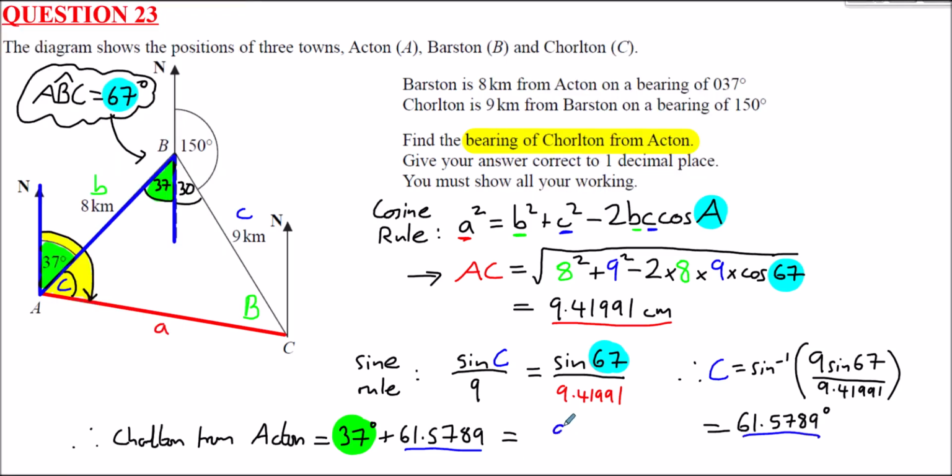So 98.6 wouldn't actually do, because the whole number part, if it's a bearing, needs to be 3 digits. So I need to include this 0, otherwise the mark will be lost. Really important. 1, 2, 3 digits before any decimal, if there is one at all, that is. So the bearing from Chorlton to Acton is 098.6 degrees.